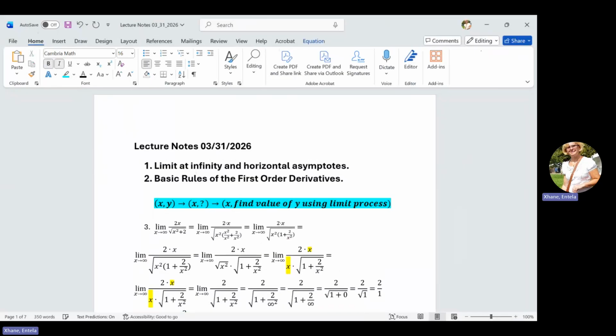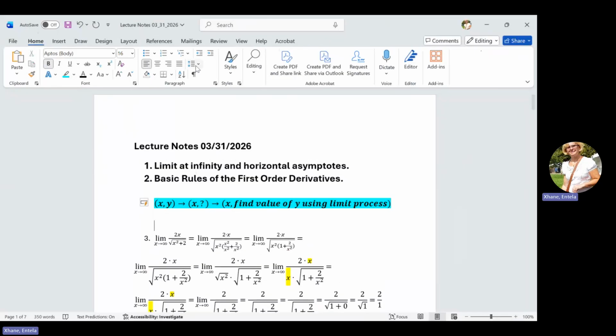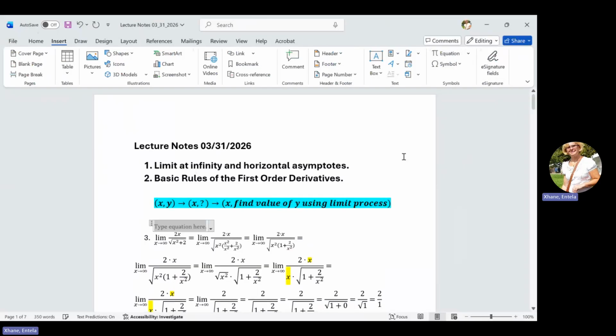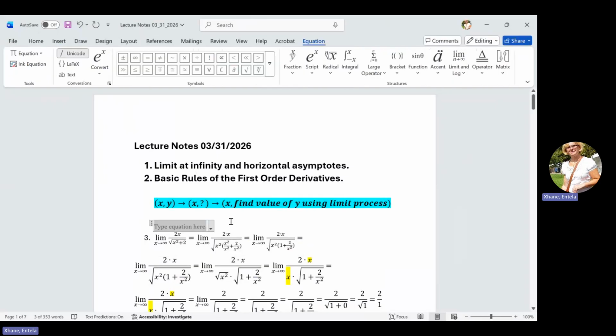Now there are two versions of this limit process. Both of them, again, are designed to give us all the possible scenarios of finding the y. One scenario is x approaching the center, where the center is c, and c is a finite real number.